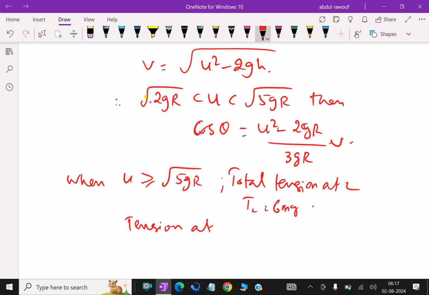Tension at the higher point, T H, equals 3 mg.